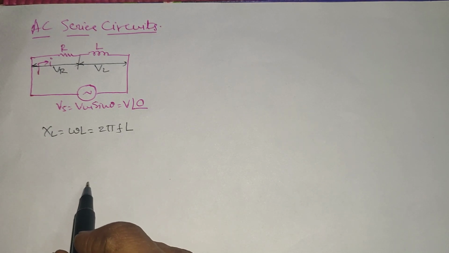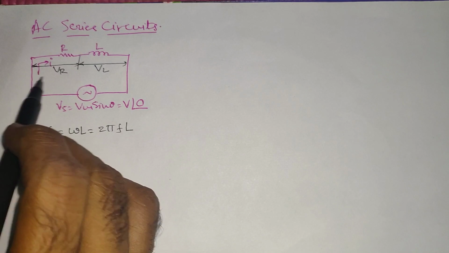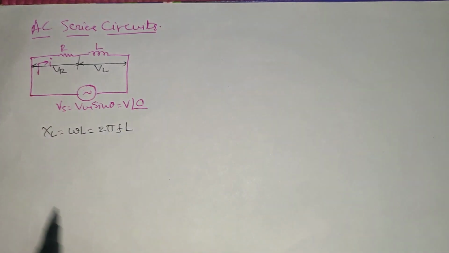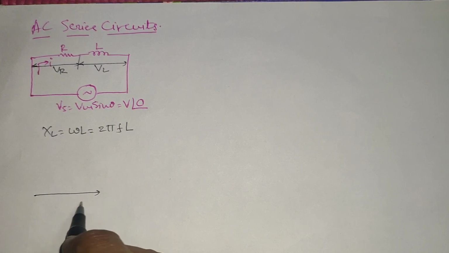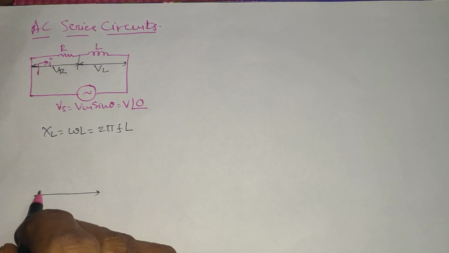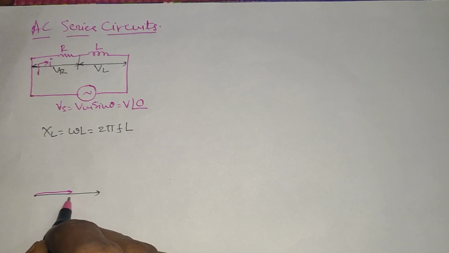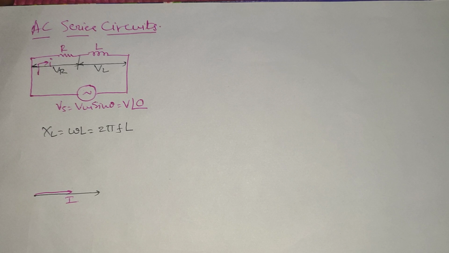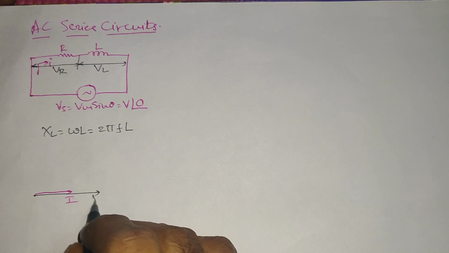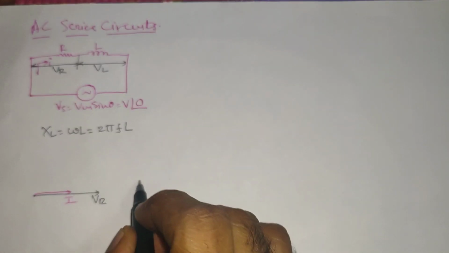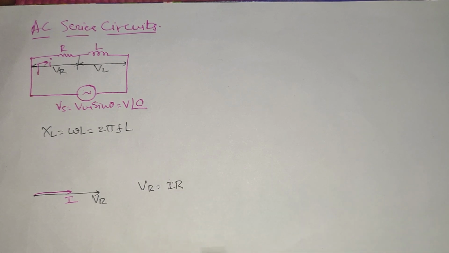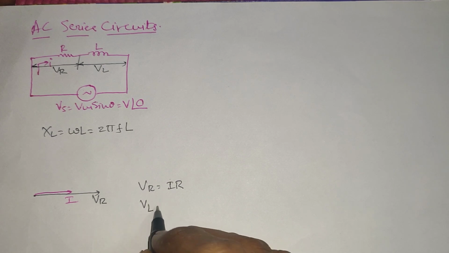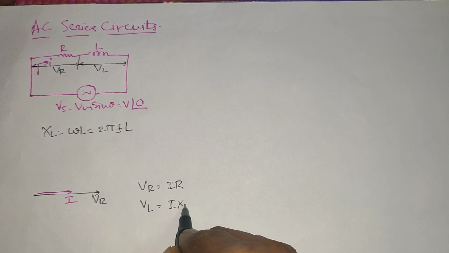If you draw the phasor diagram for the total voltage in terms of VR and VL, considering the vector I, current, as the reference here, then obviously the magnitude of VR will be equal to I into R, and the magnitude of VL will be equal to I into XL.